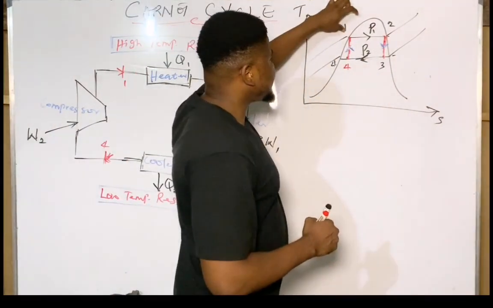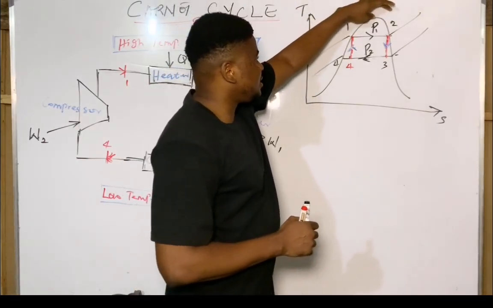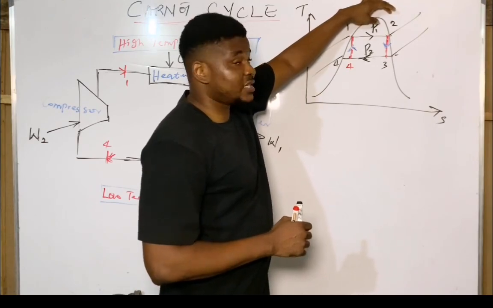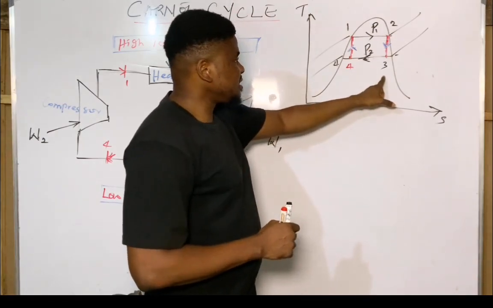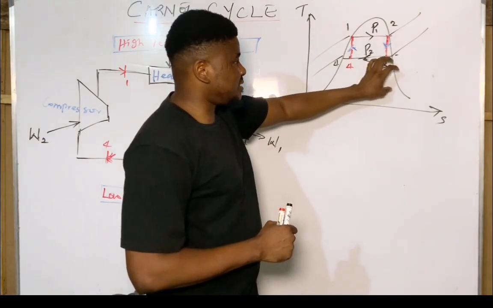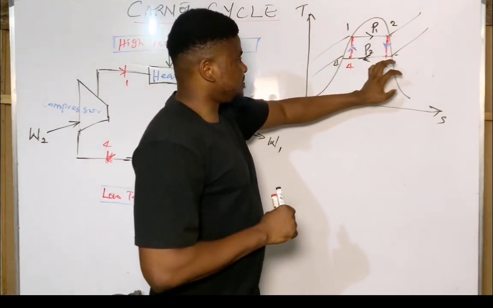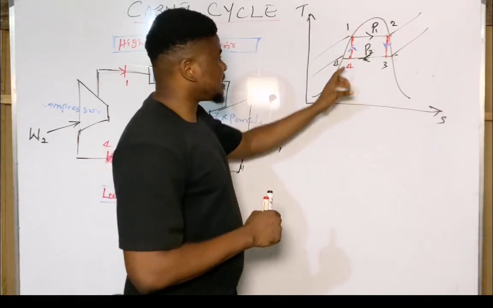From state 1 to state 2 is the heat supply from the high temperature reservoir into the working fluid. From state 2 to state 3 is the work removal process from the expander. From state 3 to state 4 is the heat removal process in the cooler.